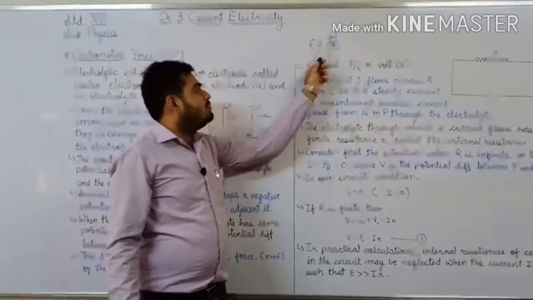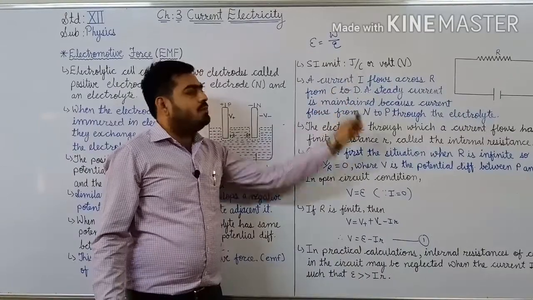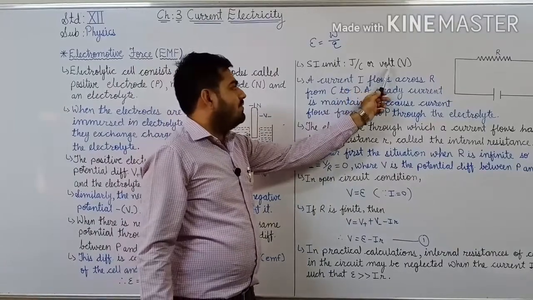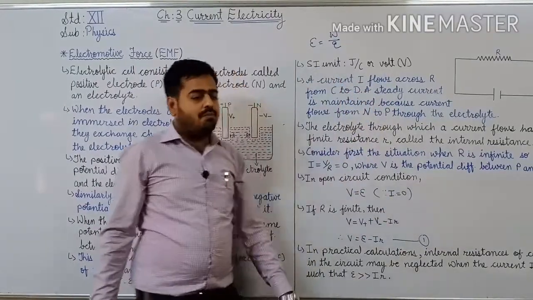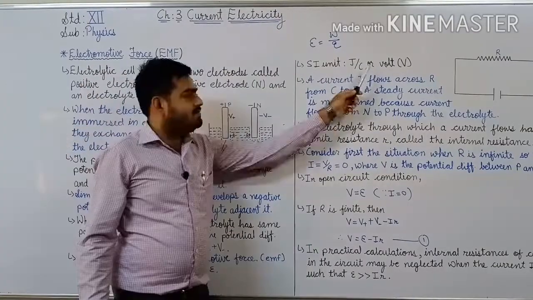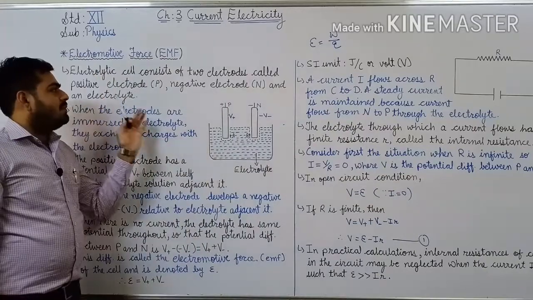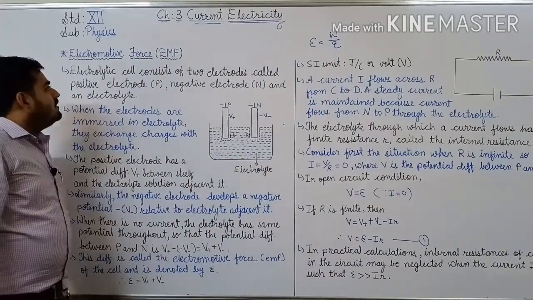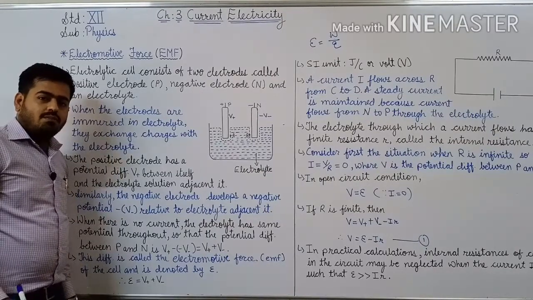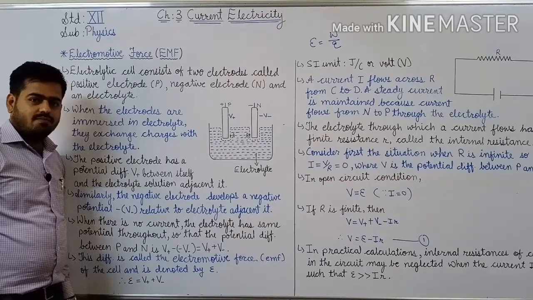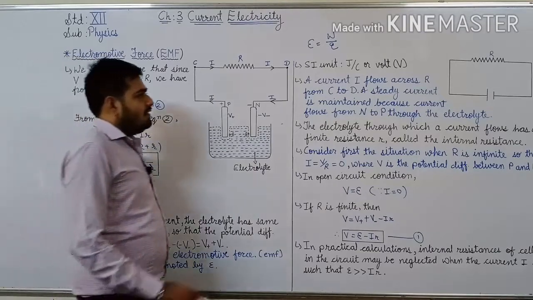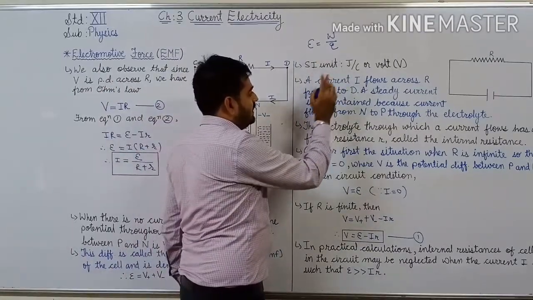Joule per coulomb is nothing but volt. So volt is the unit of EMF because EMF is nothing but potential difference, and the unit of potential difference is volt. EMF is electromotive force, and it is not a force, it is potential difference. SI unit of EMF is volt.